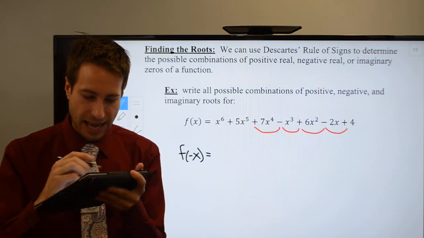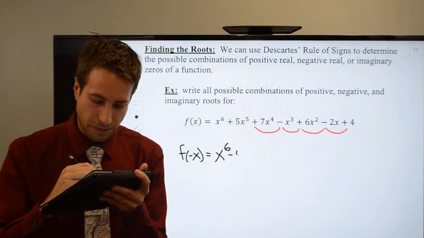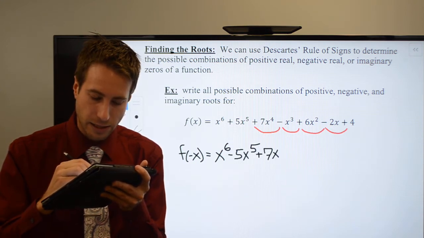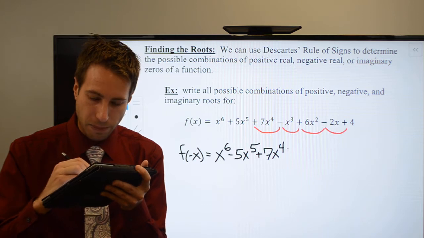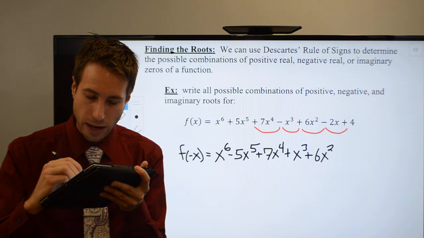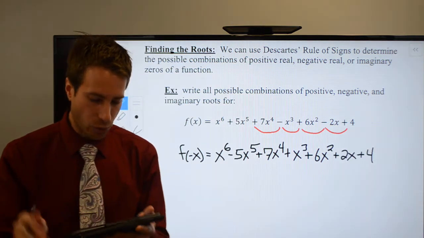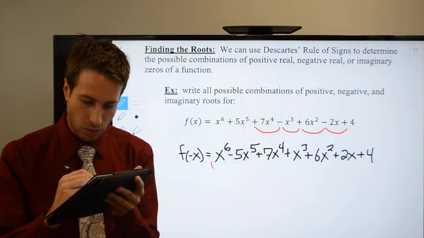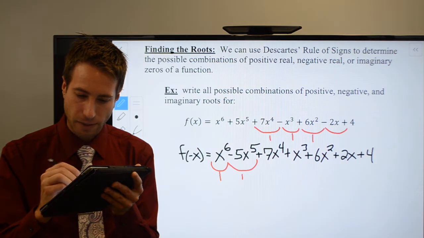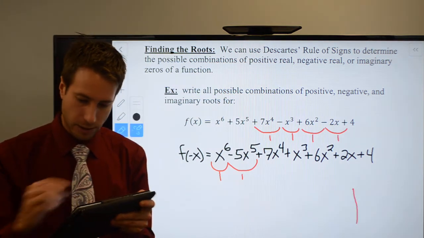We already said that that comes out to x to the 6th minus 5x to the 5th plus 7x to the 4th plus x cubed plus 6x squared plus 2x plus 4. And we had 1, 2 sign changes there.